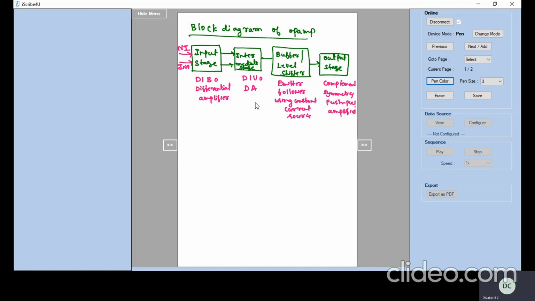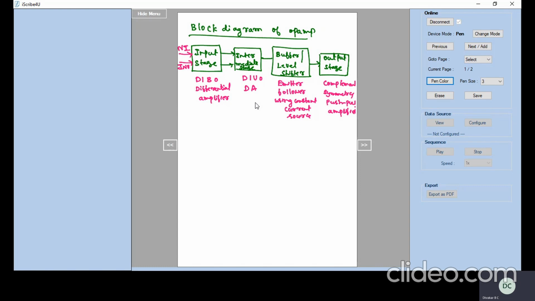And the third stage is the buffer amplifier or the level shifting stage. Because of direct coupling, the DC level rises from stage to stage. This increase in DC level tends to shift the operating point of the active device used in the next stage.